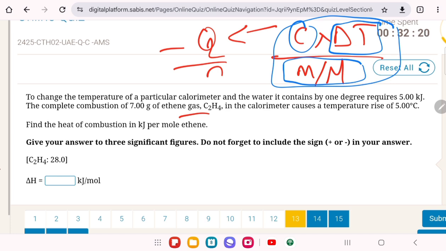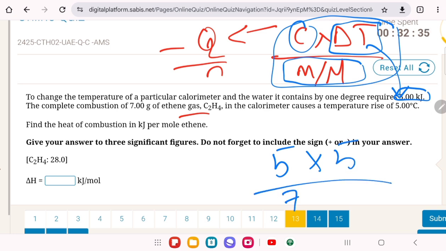So our C is what? It is 5 kilojoules. Our change in temperature, it rose by 5 degrees, so it is 5. We put it over the mass, over the molar mass, the number of moles. So 5 times 5 over 7 over 28. But don't forget the minus.